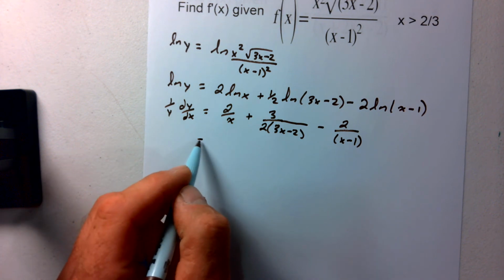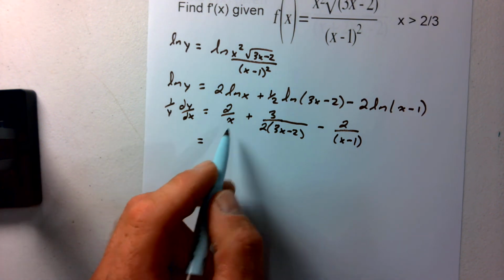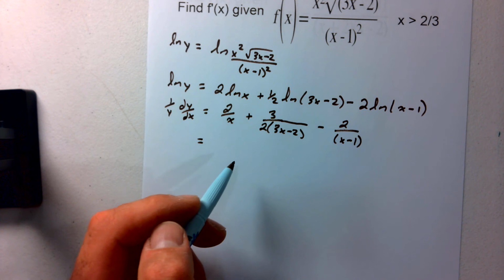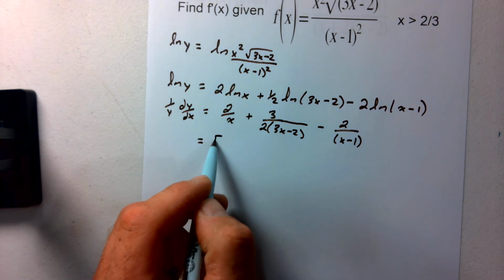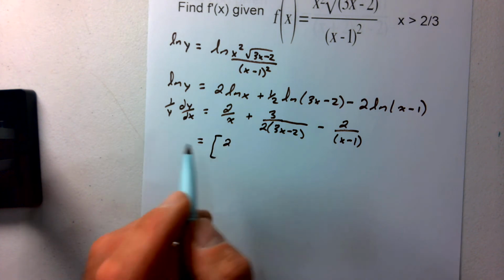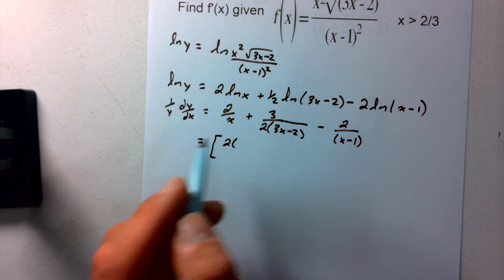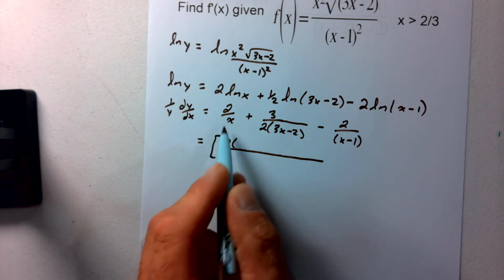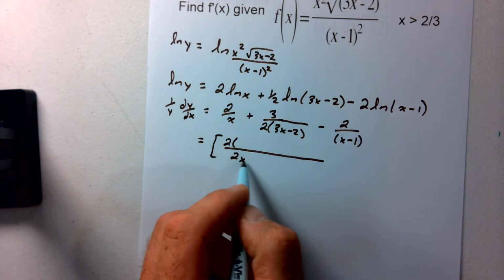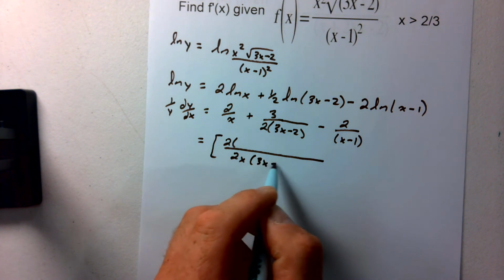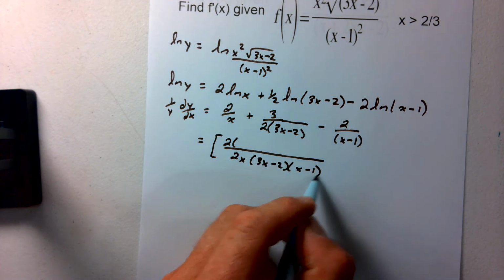Now we can go ahead and multiply the y over. We can also find a common denominator if you wish. Won't that be fun? I can already hear the groans. So our common denominator, basically we have all these different denominators squished together. So we have 2x, we have 3x minus 2, and we have x minus 1.